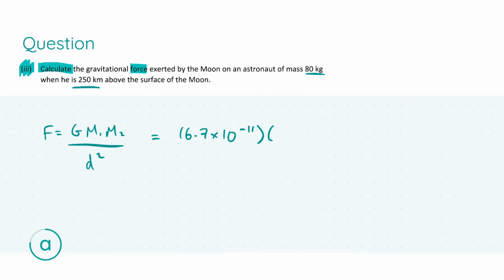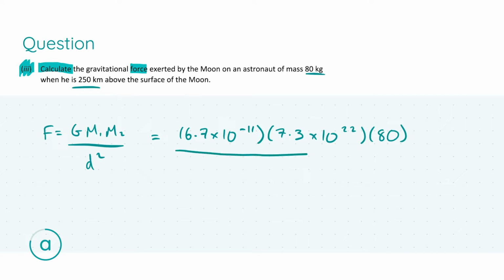Coming back here, we're going to be inputting the mass of the moon as the mass of one of the bodies. As we saw at the start of the question, that was 7.3 by 10 to the 22 kilograms. Then we have our other mass, which is the mass of the astronaut, given in the question as 80 kilograms.